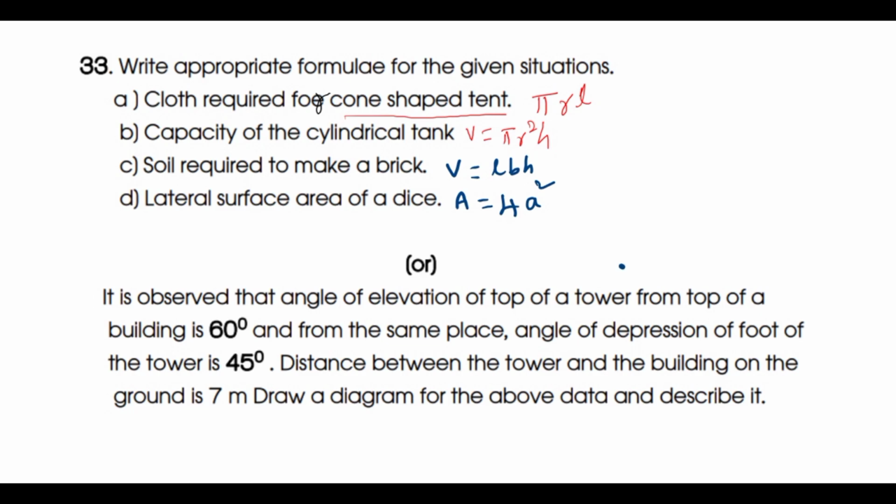First you take a ground here like this. It's a ground. Now here I'm going to draw the tower. It's a tower, the height of a tower, and on the opposite side I'm taking a building. This is the building.